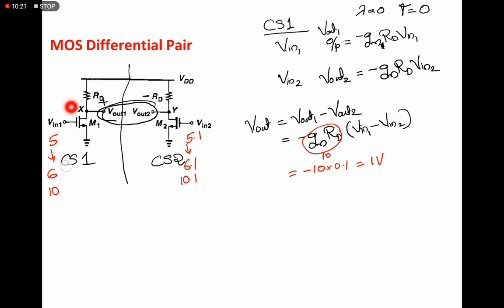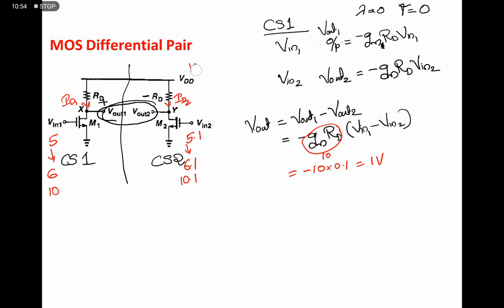But the main drawback of this circuit is that its drain currents ID1 and ID2 largely depend on the common mode signal. Due to that, the output may be clipped off.